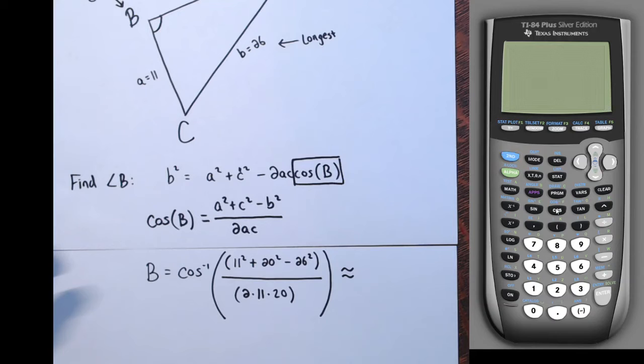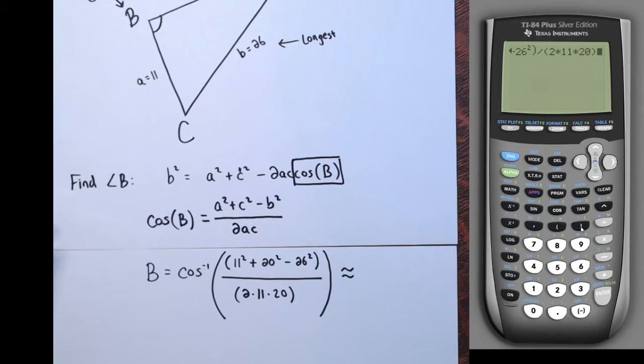So inverse cosine of, and then in parentheses for the numerator, 11 squared, this is 121, plus 20 squared is 400, and then minus 26 squared. Close parentheses on the numerator, divided by, and then in parentheses for the denominator, 2 times 11 times 20.